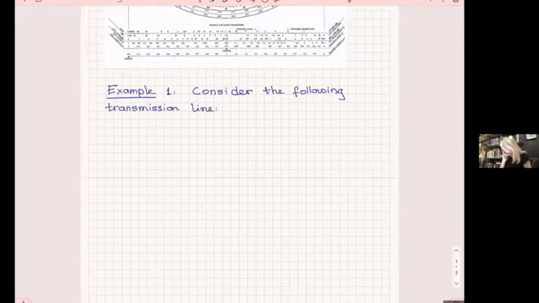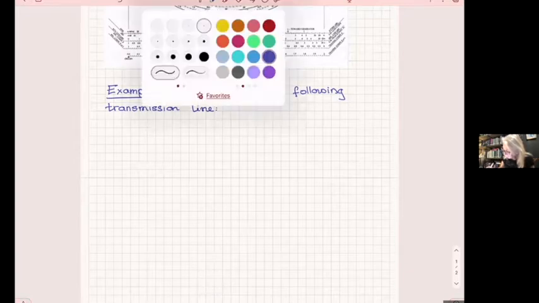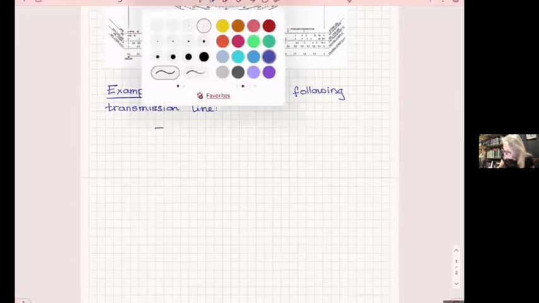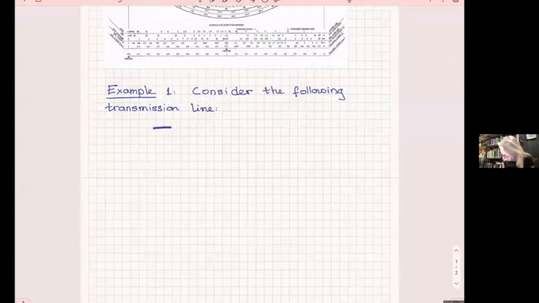So the transmission line here is as follows. First of all, I will do it in steps. I have a line that is given, and then duplicate.